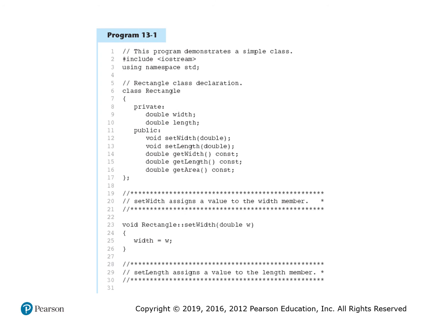This shows our full Rectangle, the first version. Note that we have the function prototypes here, and then we have full definitions here using that scope operator to let the compiler know that it belongs to the Rectangle class.